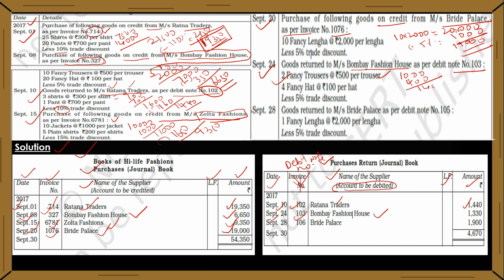Total is 1400. Less 5% discount is 70 rupees. 5% on 1400 is 70 rupees. So the net amount to be taken is 1330. So this is what we have taken.